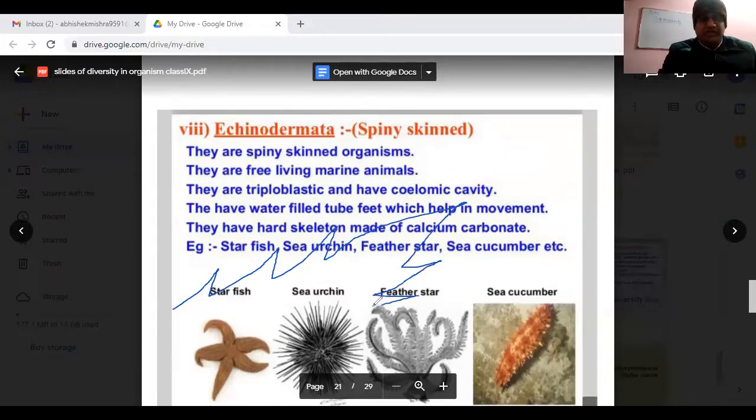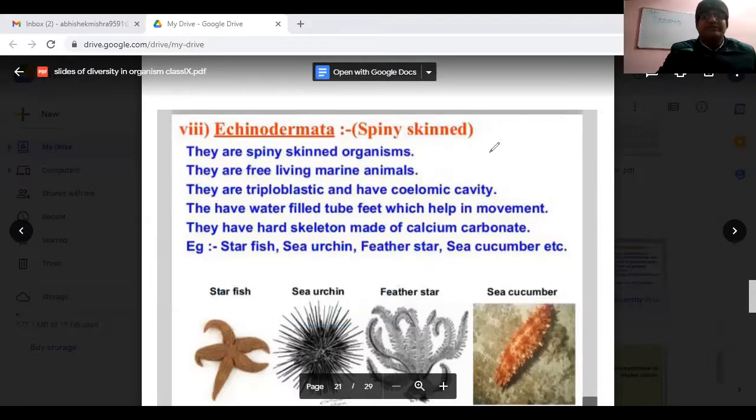This is one arm of the starfish. But if you see it from the ventral side, it shows a rough or uneven surface. This is called hedgehog skin. So the word Echinodermata means spiny skin organism.